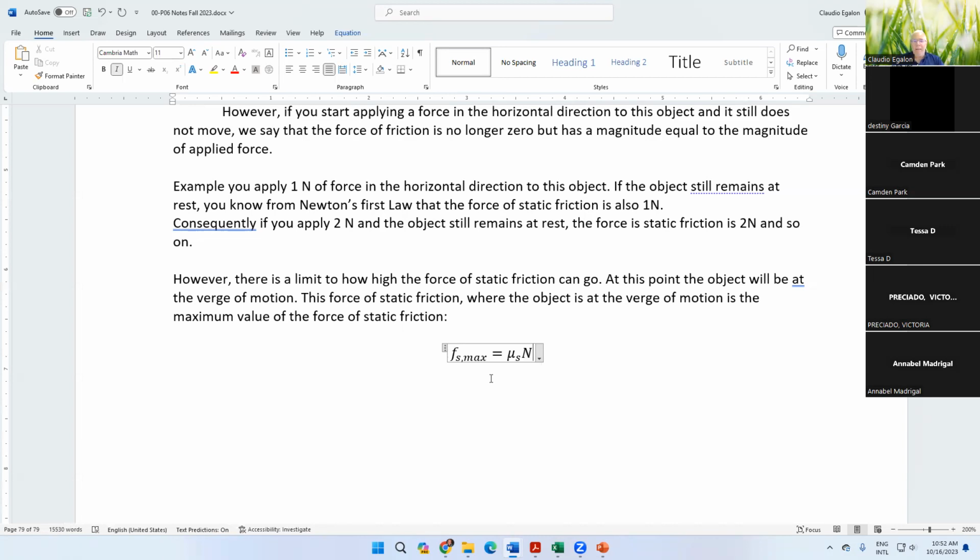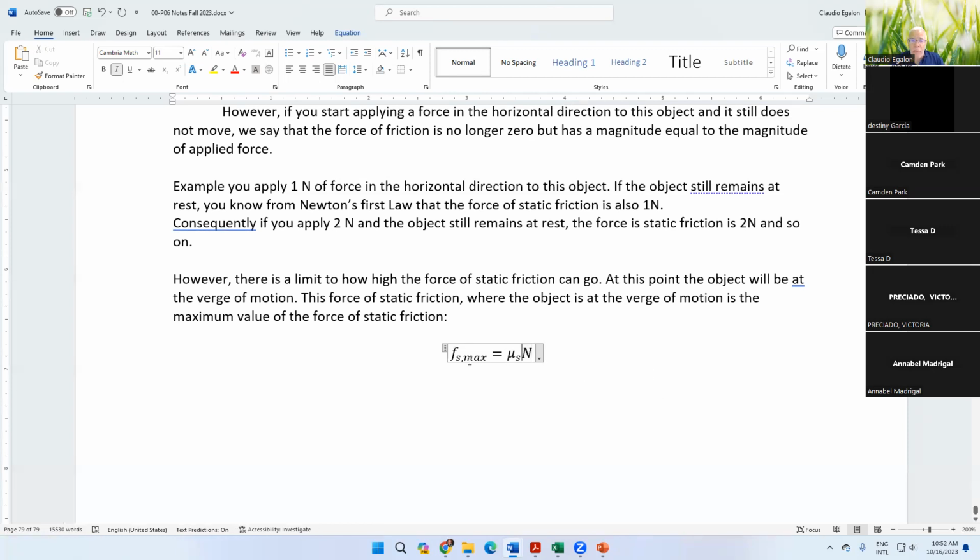Okay? Do you see this relationship here? The force of static friction depends not only on this coefficient, which is a new type of coefficient that you're seeing for the first time, but it also depends on the normal force. You see how important the normal force is?